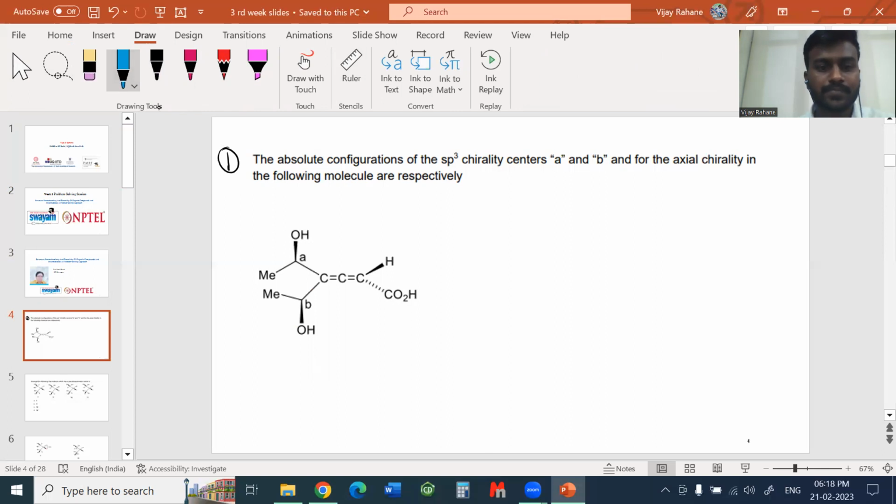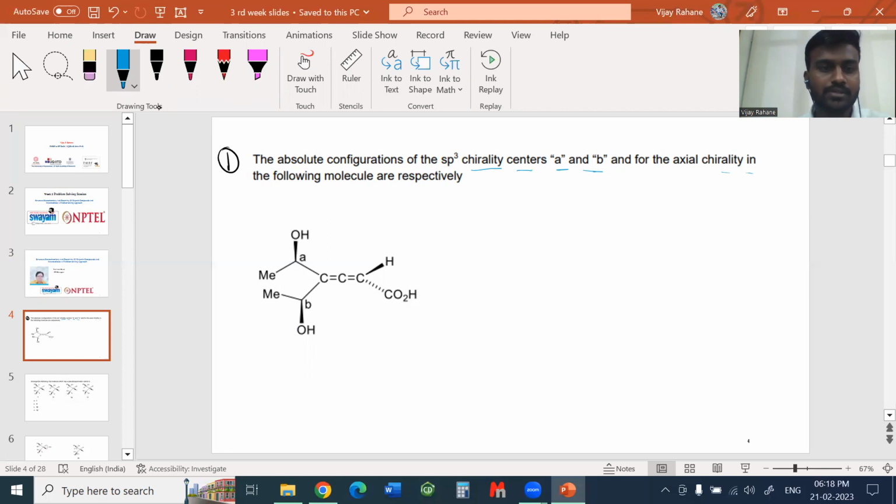Right. The question is: the absolute configuration of the chirality centers A and B and the axial chirality in the molecule are, respectively.